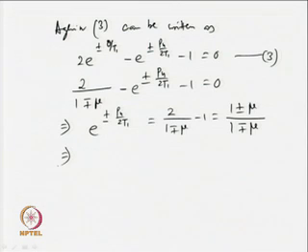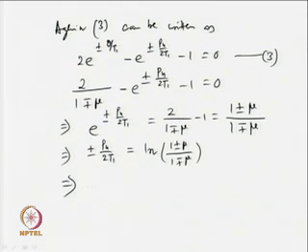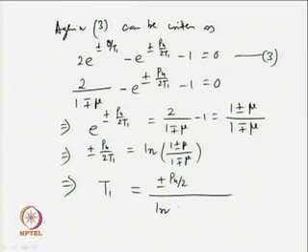Further, taking the natural logarithm of both sides, we can get plus minus pu by 2 T1 is equal to ln of 1 plus minus mu by 1 minus plus mu, giving us T1 is equal to plus minus pu by 2 divided by ln 1 plus minus mu by 1 minus plus mu.